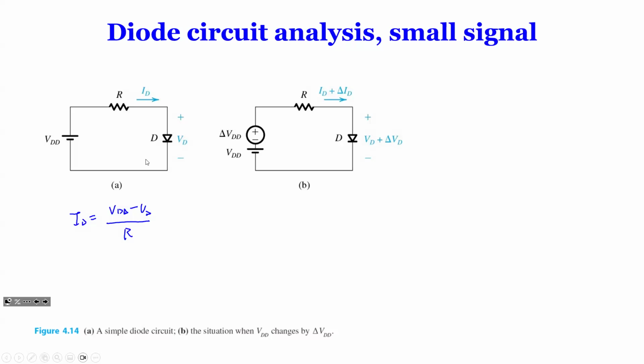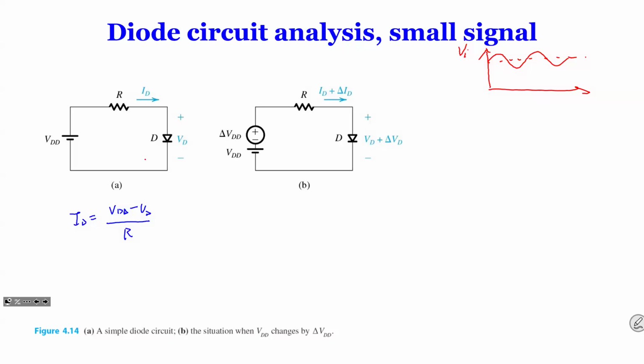One of the questions we want to ask is what happens if that VDD changes a little bit? Sometimes you might have a circuit with a voltage source like this, a DC, but then you have a little bit of AC added on top of that DC.